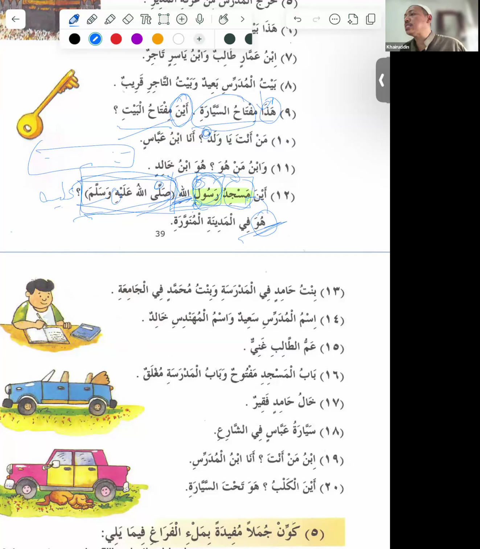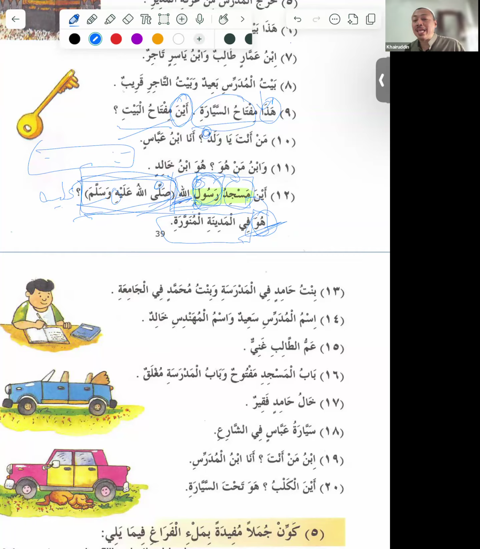Okay, and this is a mubtada khabar. This is the mubtada, and the khabar is something that we call in Arabic shibhu jumla. It looks like it's a sentence, but it's not actually a complete sentence. We'll come to that inshallah ta'ala. Fil madinatil munawwarati.